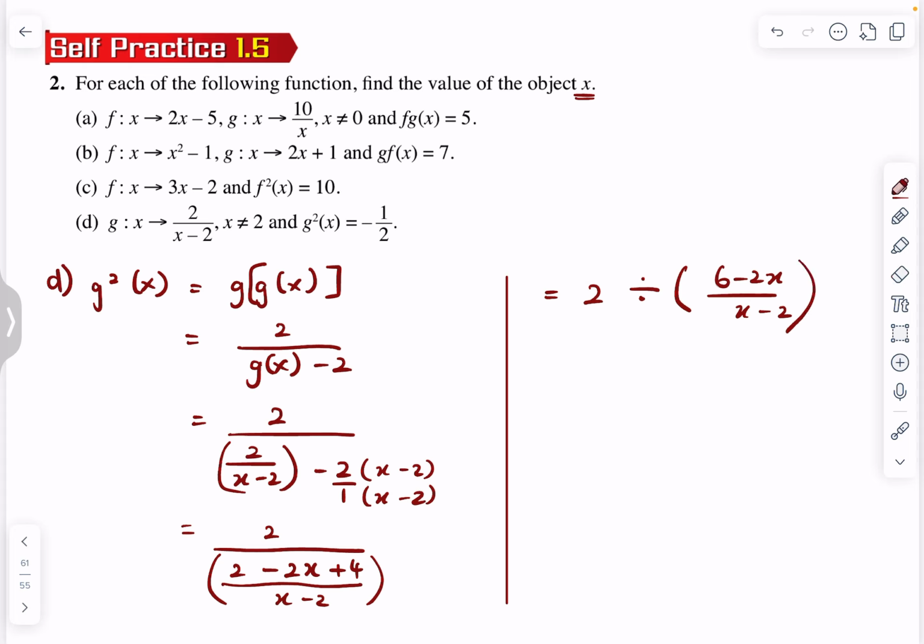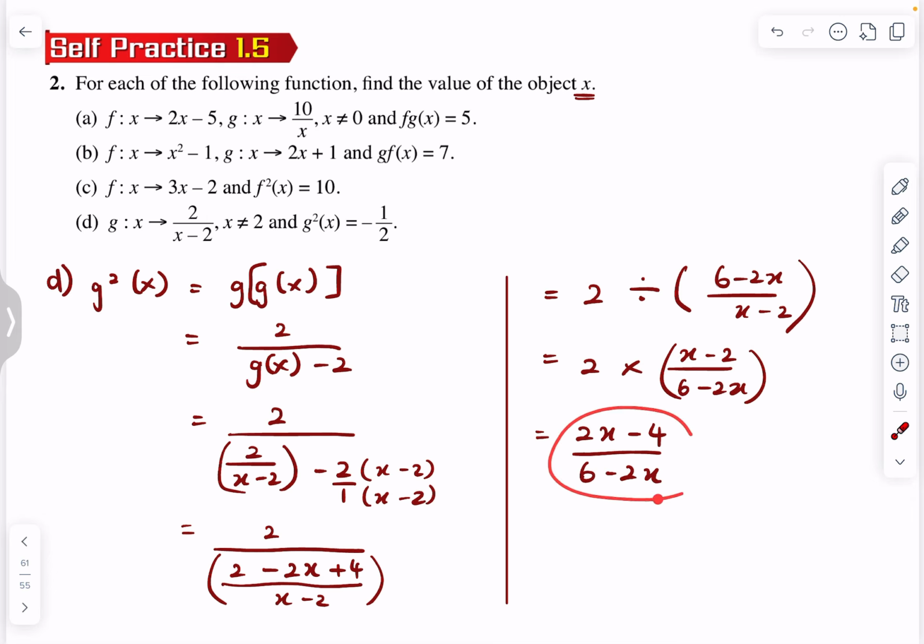Okay. So if you have divide, we have to flip this and make it times. So 2 times x minus 2 over 6 minus 2x. So this will give us 2x minus 4 over 6 minus 2x. So this is our version of g squared of x.